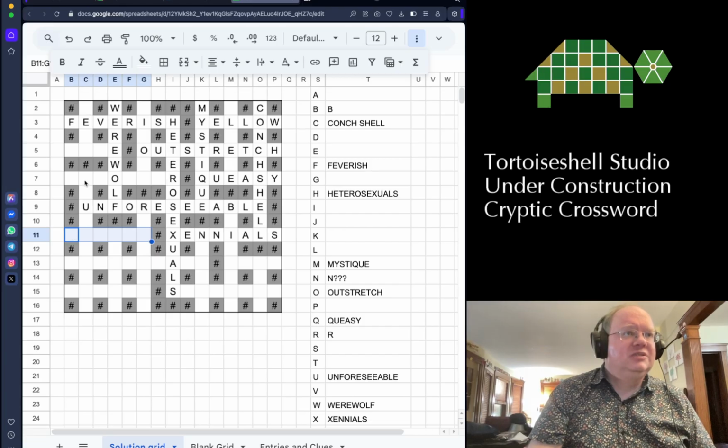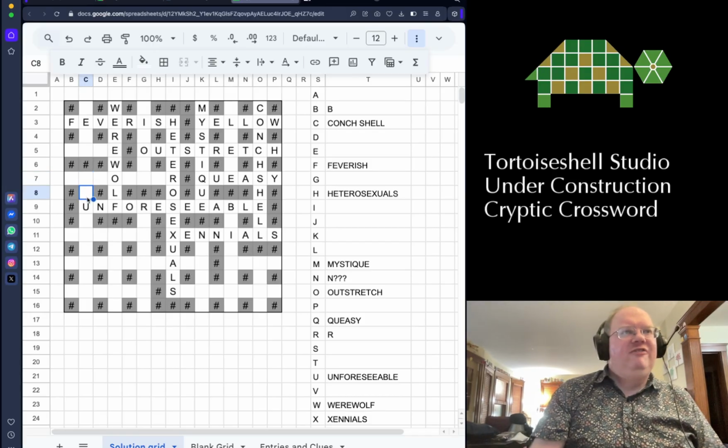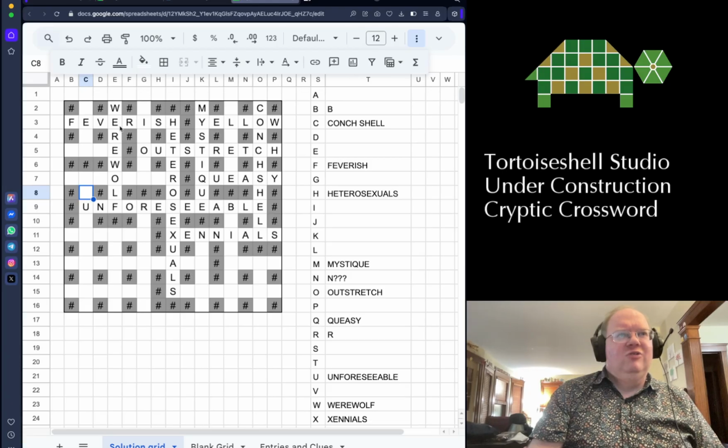But just having another Q to mess with people trying to fill the grid based on the Qs. I am definitely in favor of messing with my solvers. This being feverish means that this now can't be fleece.